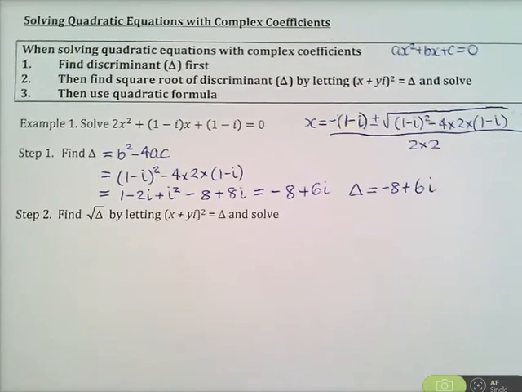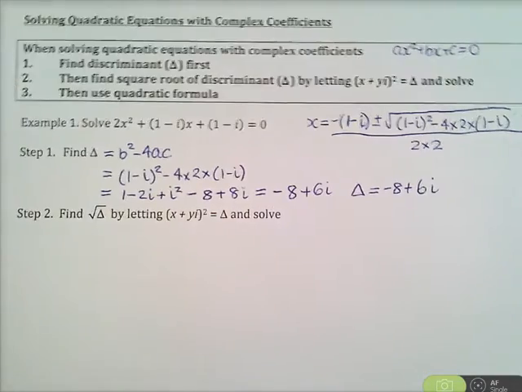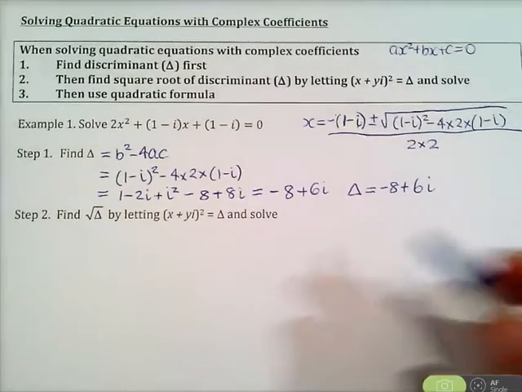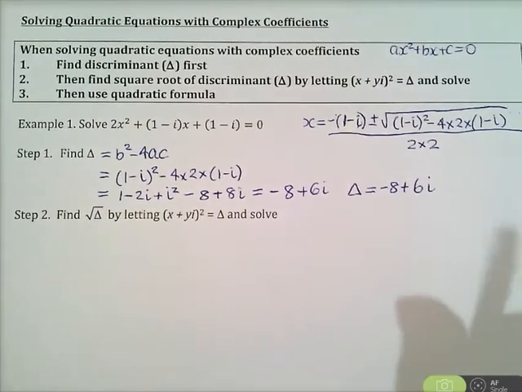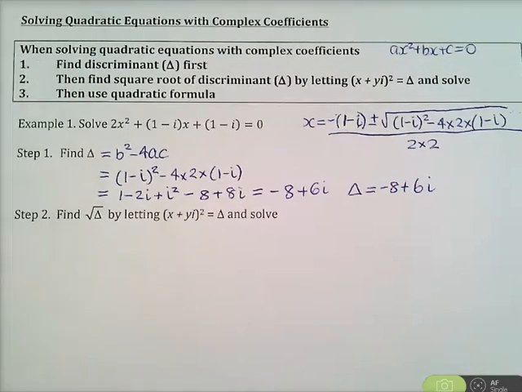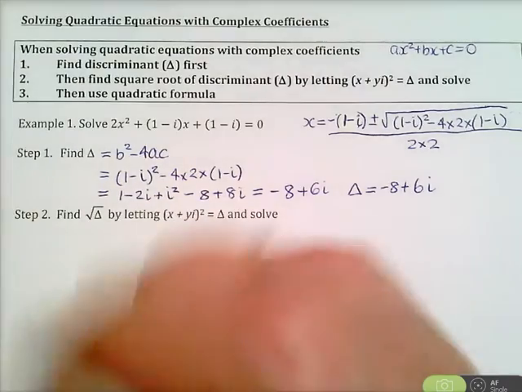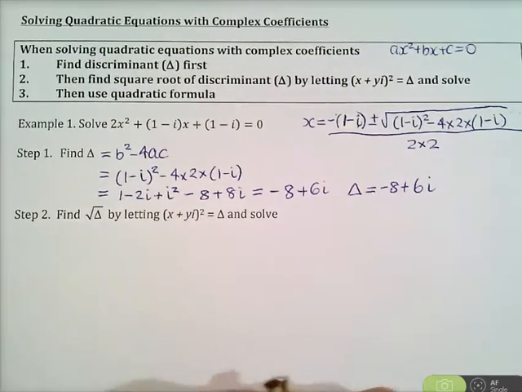Now what we're trying to do is find the square root of negative 8 plus 6i. Like I said, that is just like what we were doing on page 12, square roots. We do that like the process that we used 2 pages ago.